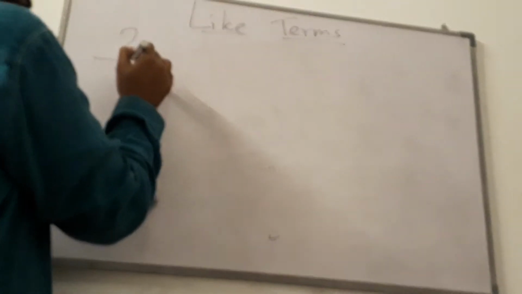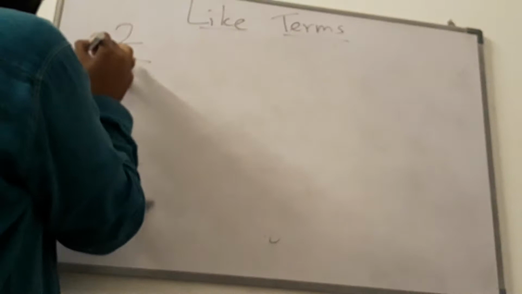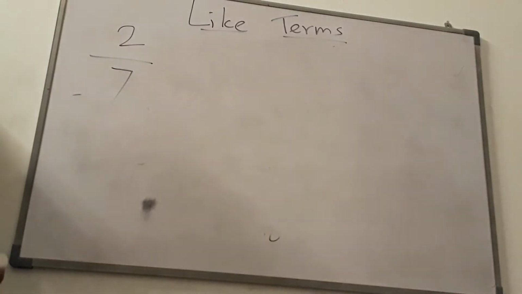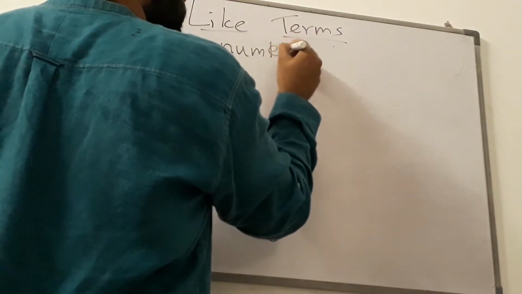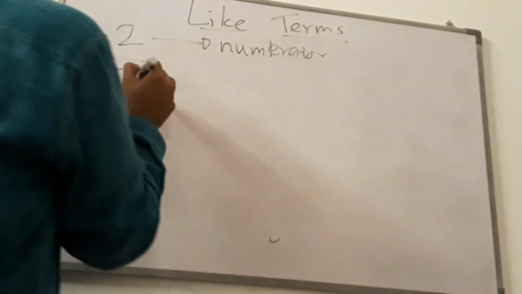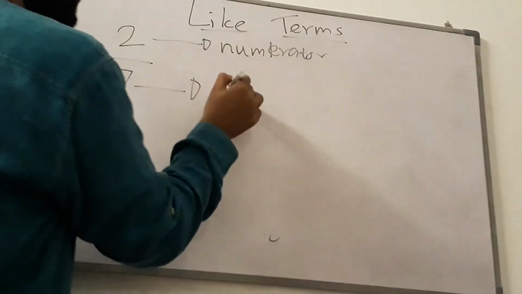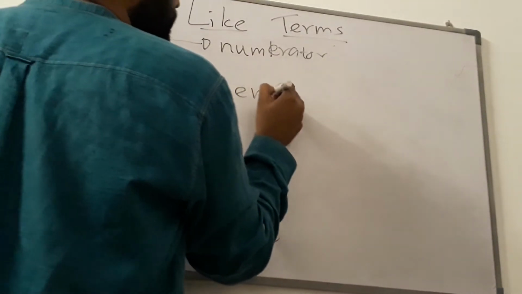Here the value above this line is called the numerator. Below the line is called the denominator.